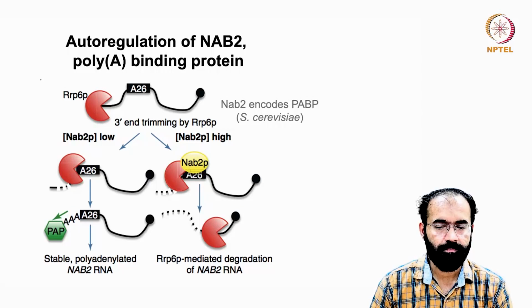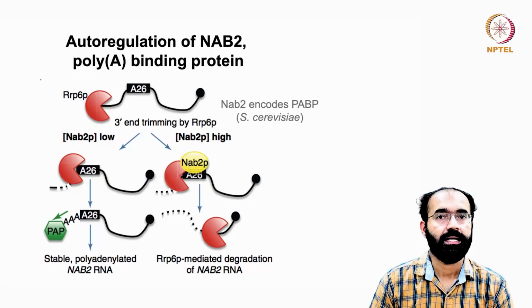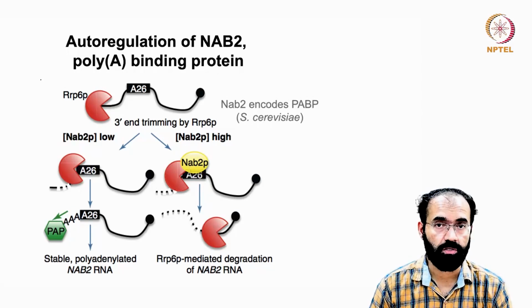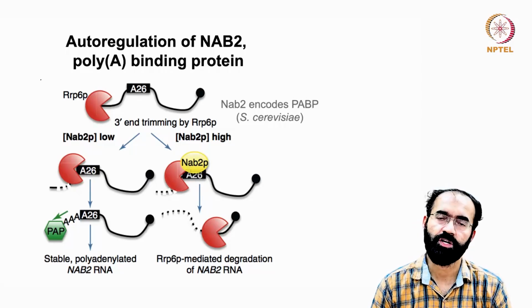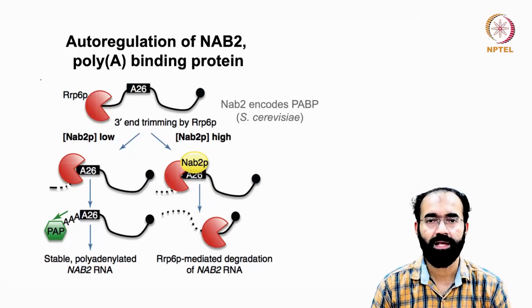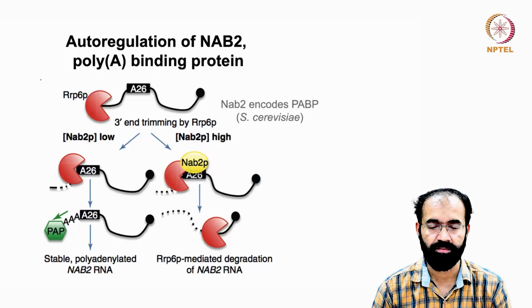So we can see NAB2 is a homologue of poly A binding protein in Saccharomyces cerevisiae. So we know its function. We will not go into the detail because the poly A binding protein, the name itself says where it is supposed to bind.